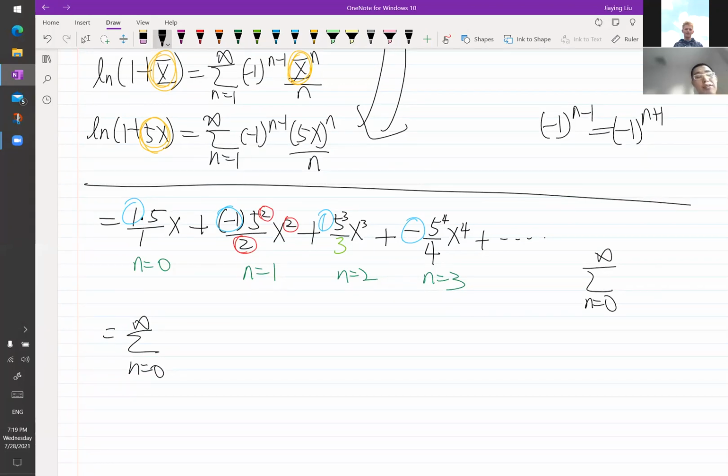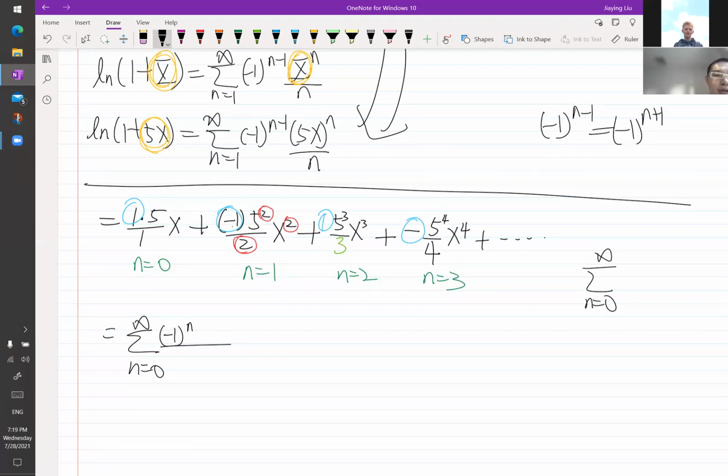And then we just have to figure out the formula for each term like we did before, right? So the plus minus, we know is -1 to some exponent. When n equals 0, we want it to be positive. So probably -1 to the n. That will work, right? Because when n equals 0, we get +1. When n equals 1, we get -1. N equals 2, we get positive. That works. Now, what about the denominator?